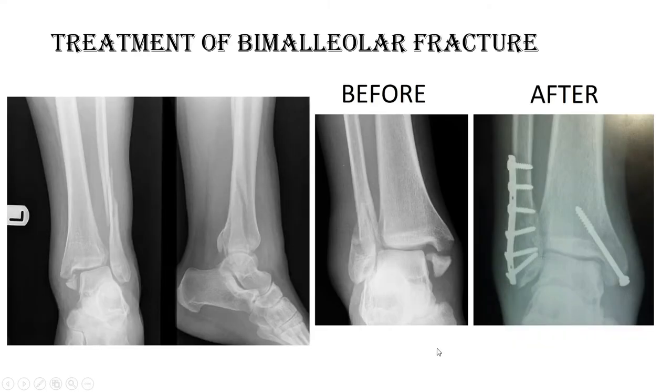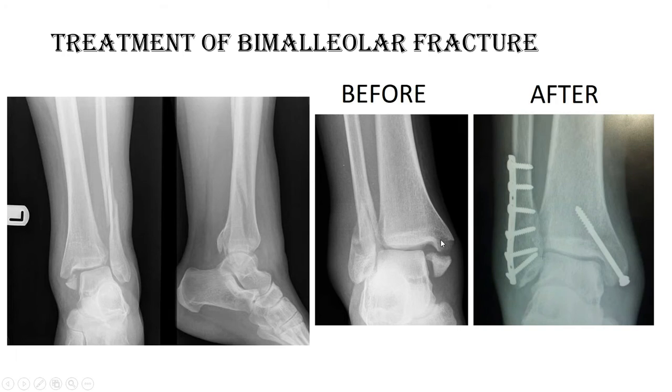Okay, now the bimalleolar fracture means the fracture over the medial malleolus and the lateral malleolus. This fibular fracture is of 3 types: suprasyndesmotic, transsyndesmotic and infrasyndesmotic. But in the medial malleolus, generally a transverse fracture used to occur.